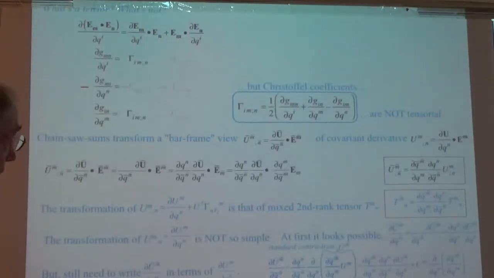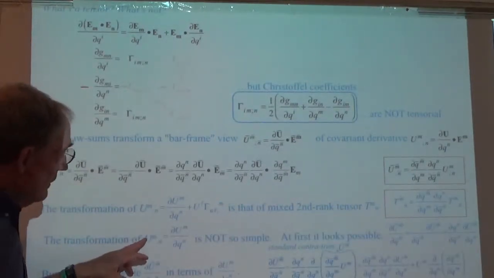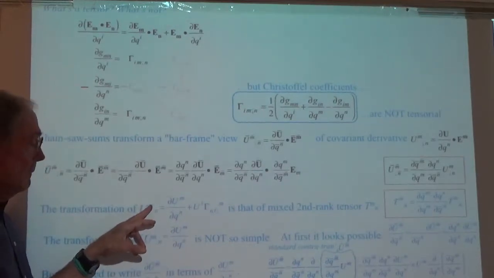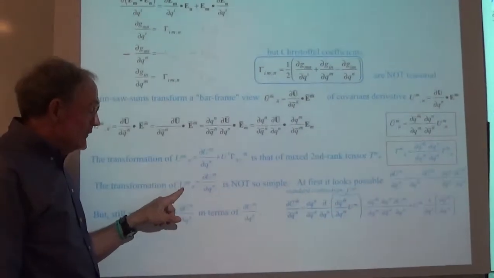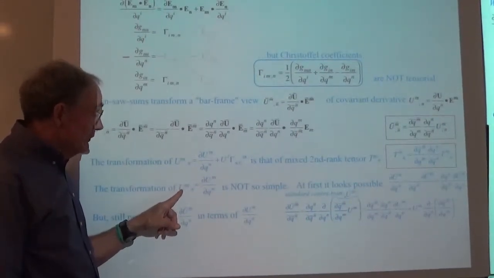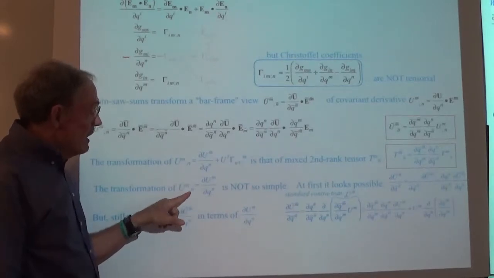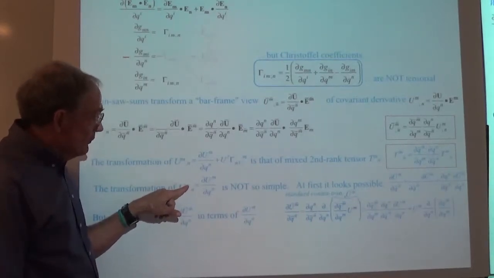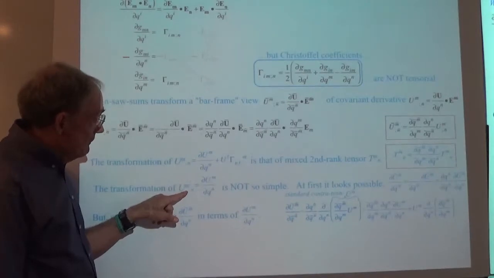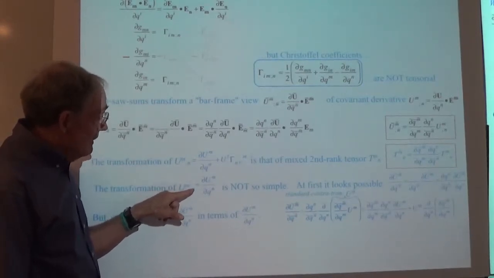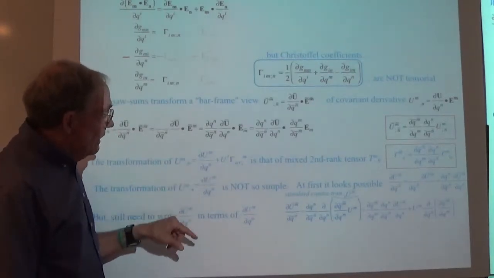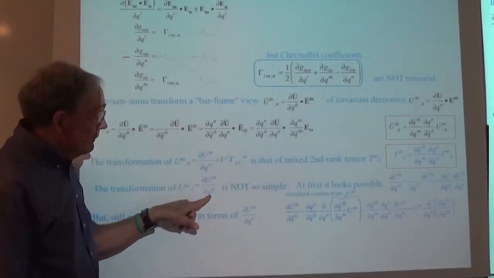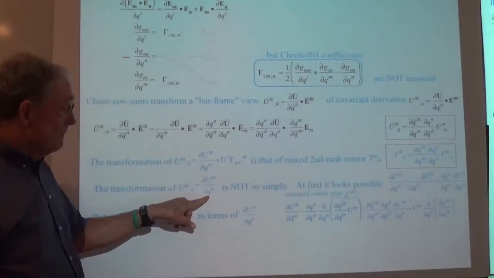And the idea is that the transformation of this is u m semicolon n. This is the Jackson way of writing partial derivatives of vector components, u super m, comma n, or very often he doesn't go super. I don't think he does that at all, in fact, so this would just be m down and n down, which is the partial derivative of u's m component with respect to the nth coordinate.